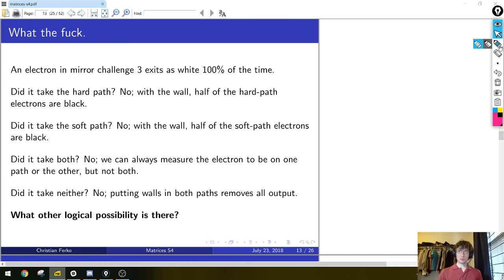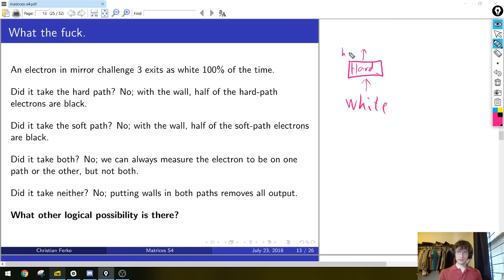So I'll ask one more question, and this will lead us to the introduction of a new framework for thinking, a new logical system. So let's again think about those two cases. I'll just draw them again. The first case was you take white electrons into a hardness box.